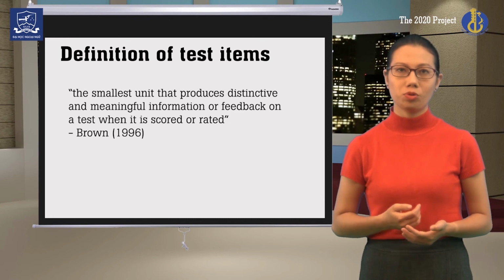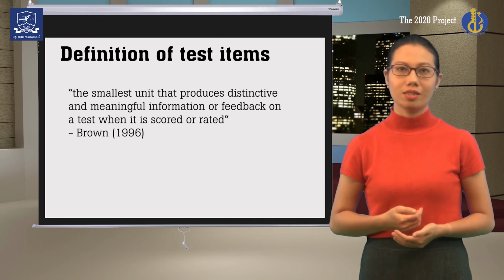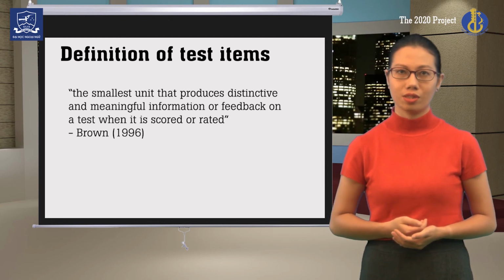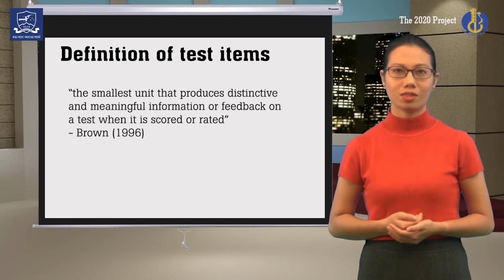An item may prove more difficult to identify for the more integrative types of language tests, such as dictations, interviews, role plays, and compositions, or for more personal assessments like conferences, self-assessments, or portfolios.